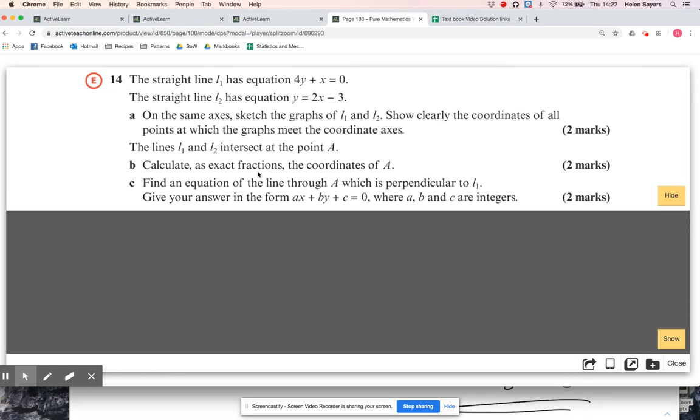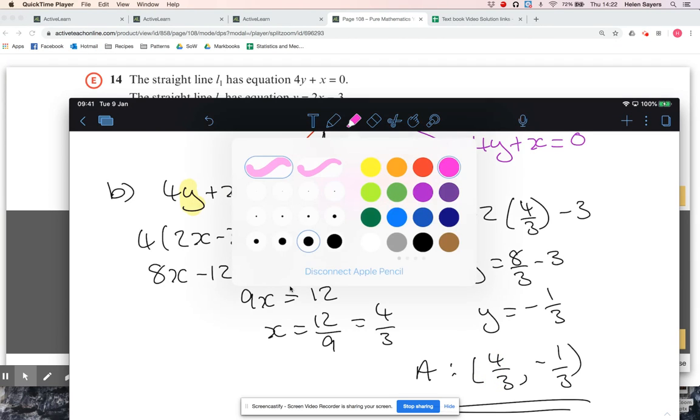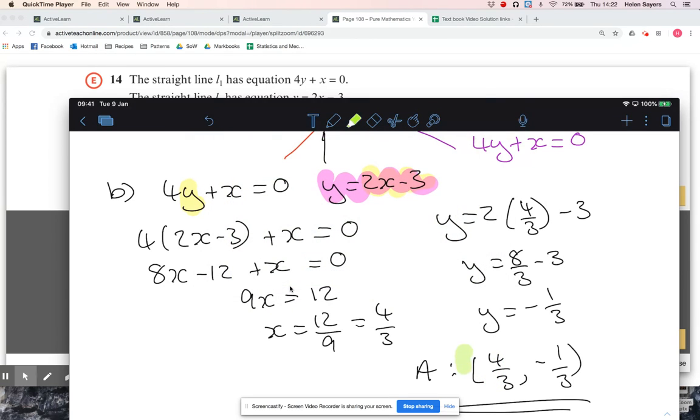Okay, so calculate as exact fractions. Yep, we did that. So find the equation of the line through A, which is perpendicular to line 1. Okay, so it's going through this coordinate. I need the gradient.